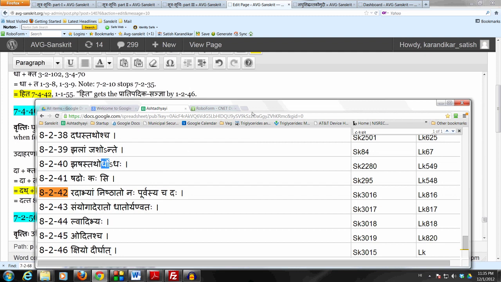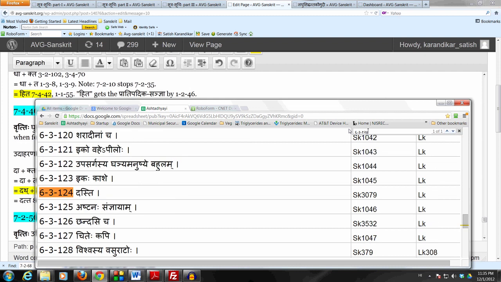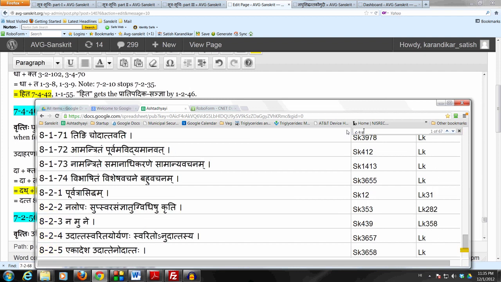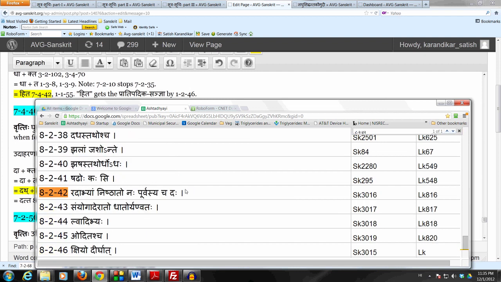With dat ending in a takara, the complication is 63124, the sutram Dasti. If you take the adesha as dad ending in a tritiya varna dakaraha, the complication is 8242, Radabhyam nishthato naha purvasya cha daha. And if you take the adesha as ending in a dhakaraha, then the complication is 8240. So that is why the simplest thing to do is to take the adesha as dat ending in a thakaraha.